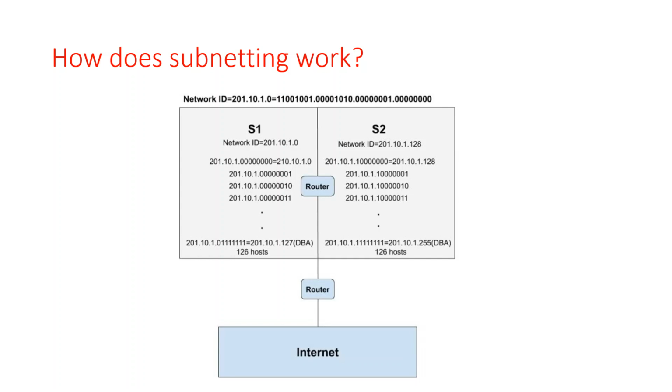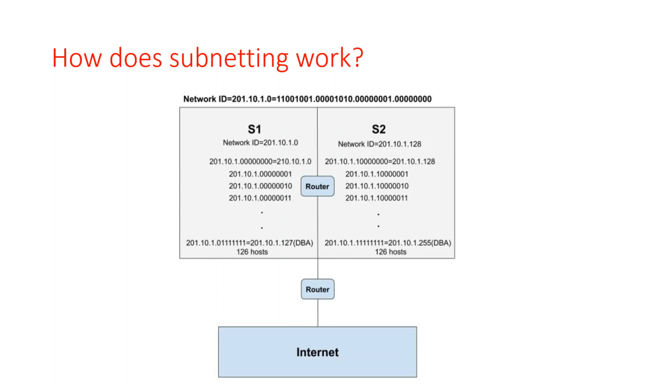If the leftmost bit of the host address is a 0, then it is the first subnet, and if the leftmost bit is a 1, then it is the second subnet network.